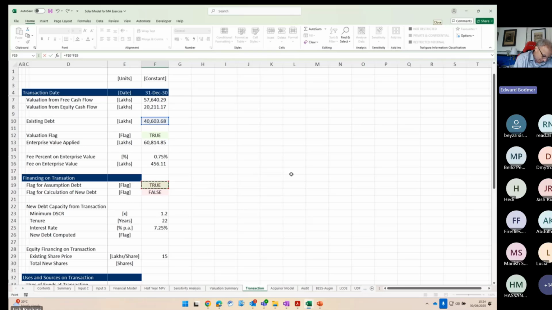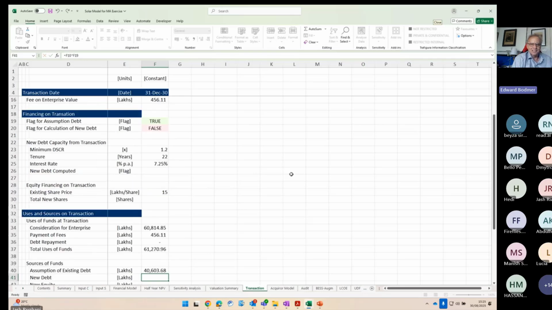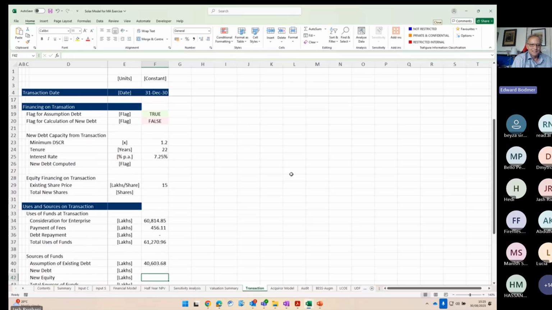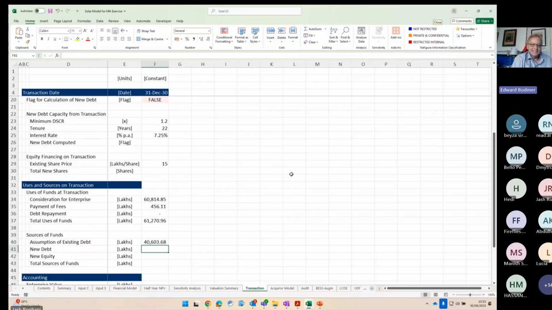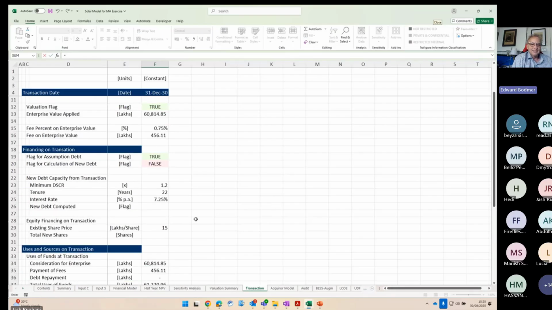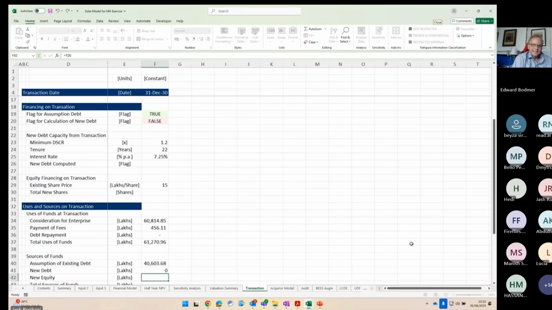There would be 1,000 ways to do this. Please don't assume this is any kind of formula. And then the new debt is put an equal sign and go up to line 26. We'll get the new debt computed. Press enter. And then we'll get the equity, which is the difference between how much we have to spend up in line that one minus how much we're getting.